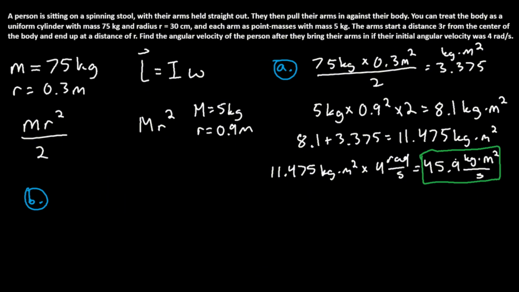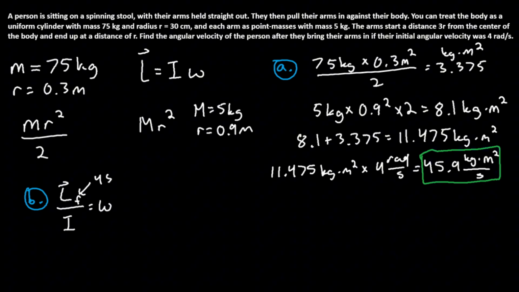So the initial state right here, 45.9 kilogram meters squared per second, should be the same even after the person brings their arms in. So what do we do here? Well, we have your final angular momentum, and we're trying to solve for the angular velocity. So if you solve for the angular velocity using your formula here, then you get angular momentum divided by moment of inertia.